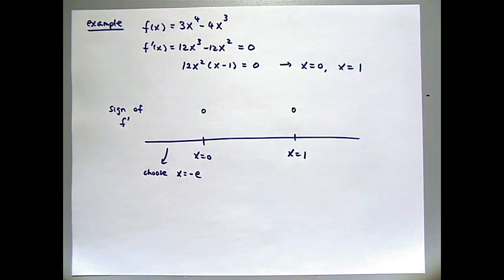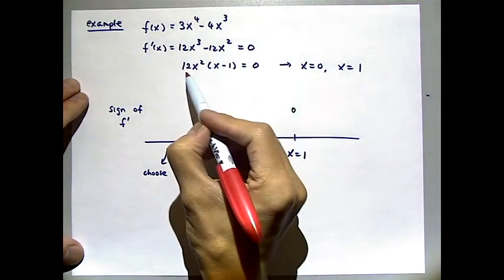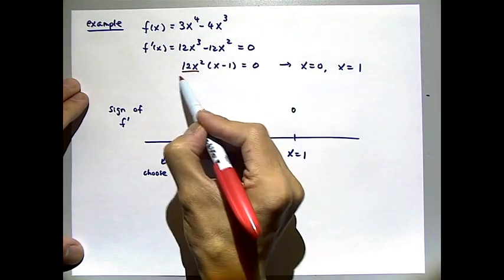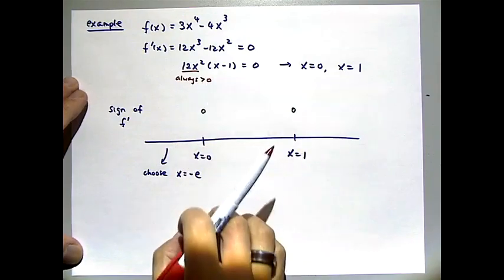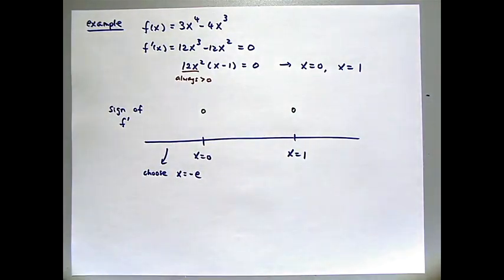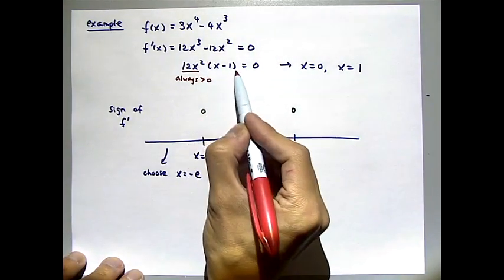Now here, when we check the sign, occasionally we can take advantage of the factored form like Manuel pointed out. Notice that this part, 12x squared, whatever x is, is always positive. We know any number squared to an even power is always positive. So the only thing that's going to affect the sign is this guy right here.